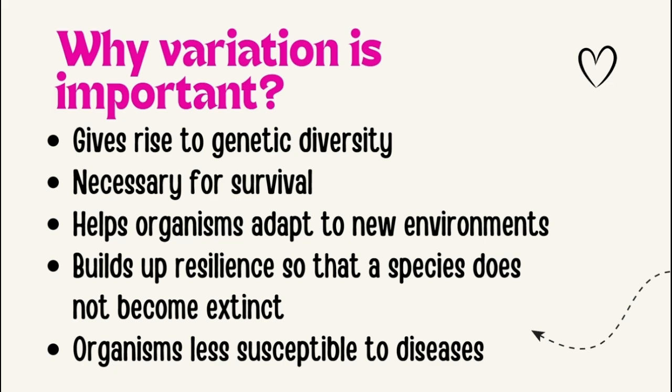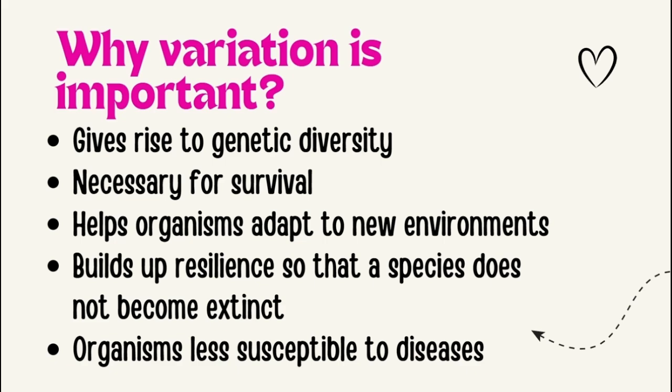Let's say that flower is susceptible to a particular disease, and it has 20 offspring exactly like it. If that disease can kill the parent, it will kill off the entire 20, and that puts the species at risk for extinction because they can't adapt to the environment.